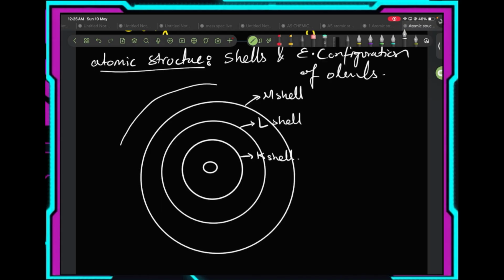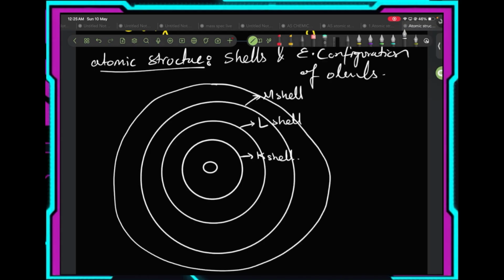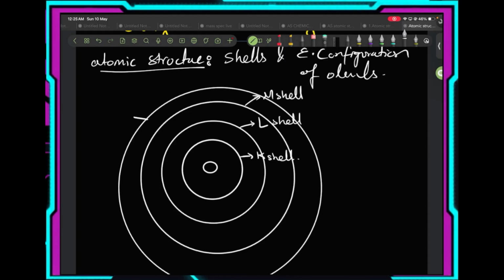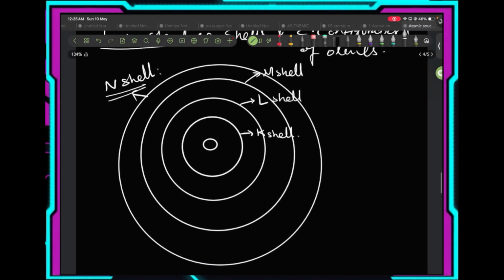And then there's this fourth shell around the nucleus, which is known as your N shell. So the K shell is your first shell, L shell is your second shell, M shell is your third shell, and the N shell is your fourth shell.